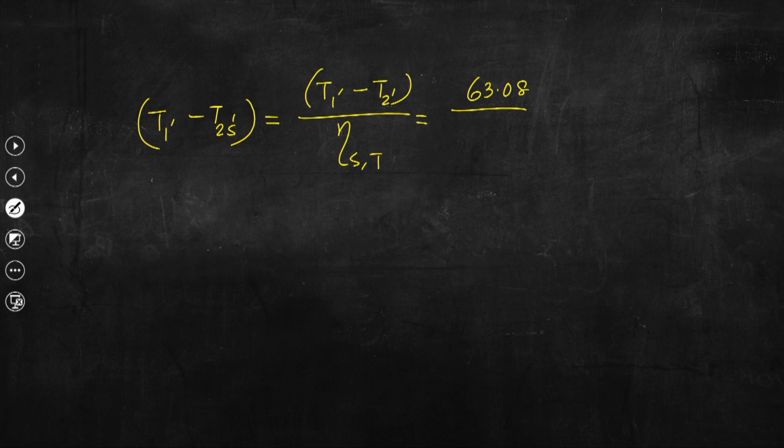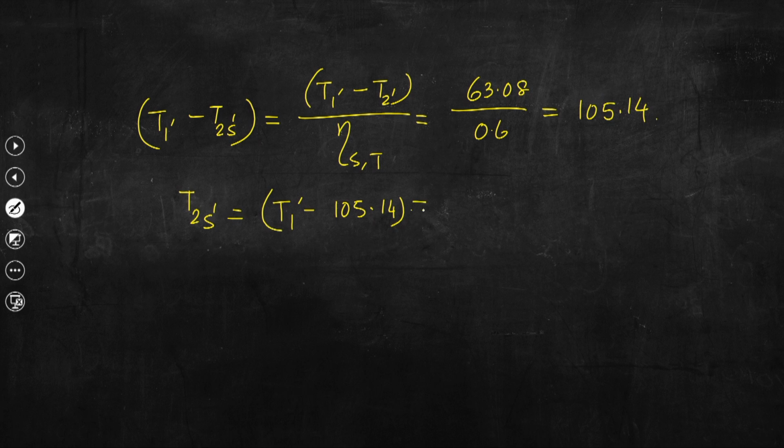So, from there it is coming as 105.14. So, we can calculate T2s prime equal to T1 prime minus 105.14, and it is coming as 844.85 Kelvin.